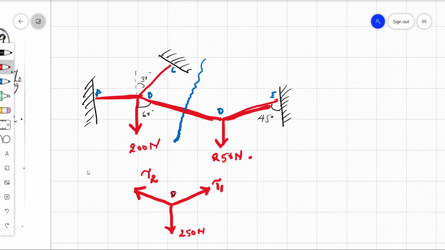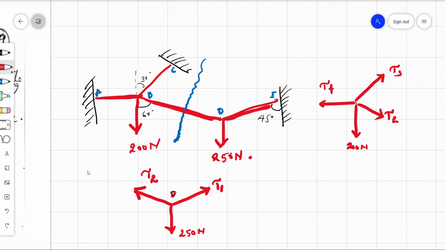Next I have to consider the point B also. At point B, if I look clearly, there is one tension cable connected to A, one to C, and one is the load, that is 200 Newton, and one more is the same cable that is connected to D, which we take as T2. Remember, because it is the same T2 we divided, right? This is also a tension cable itself. The other two I take as T3 and T4.